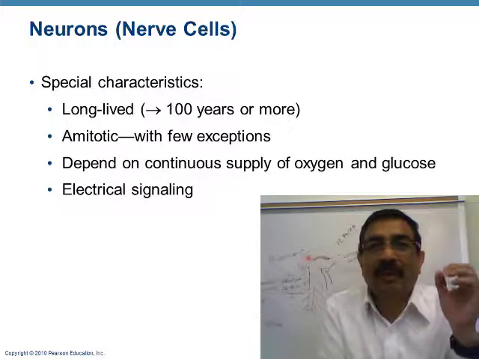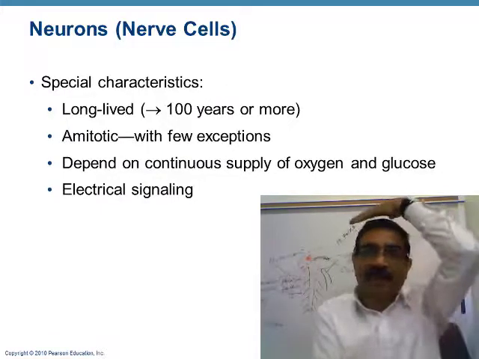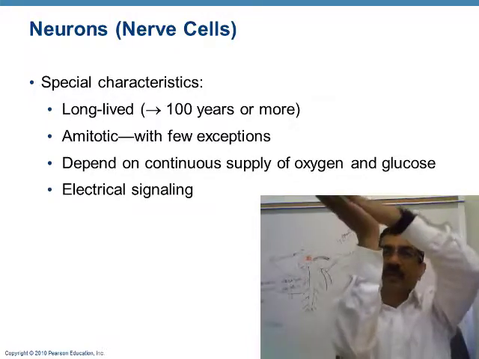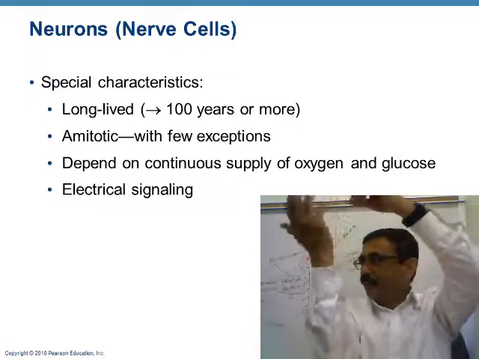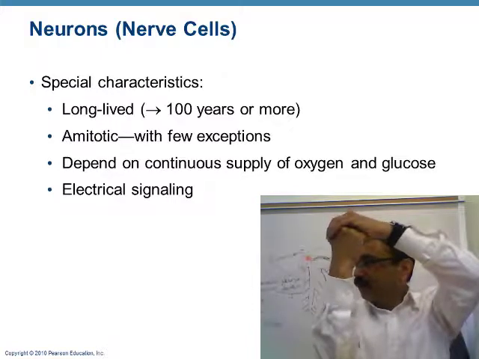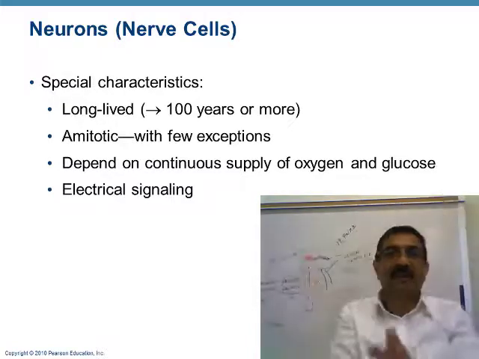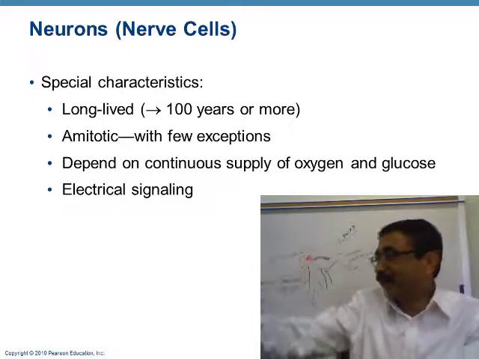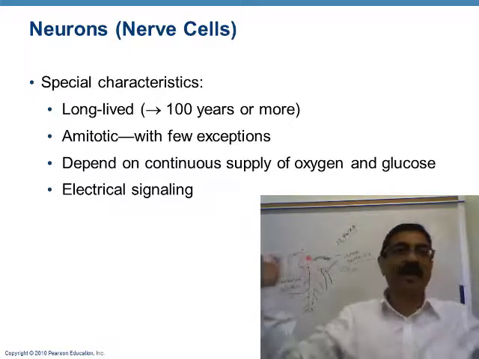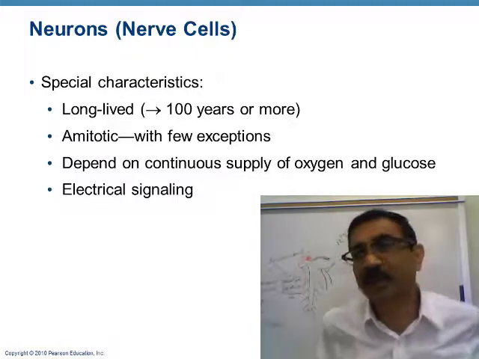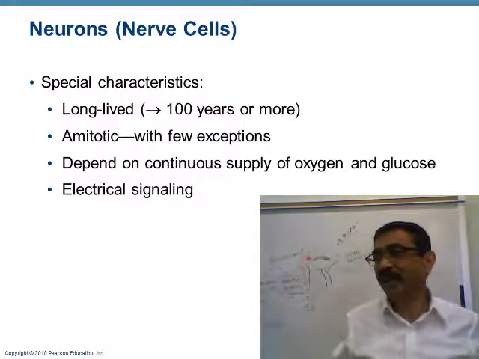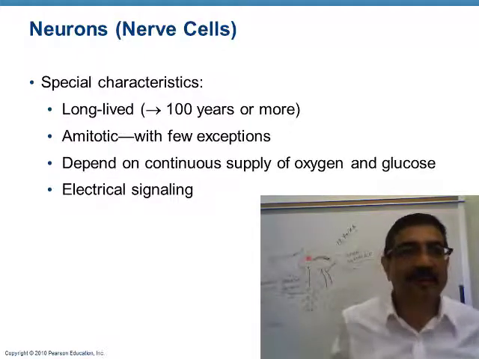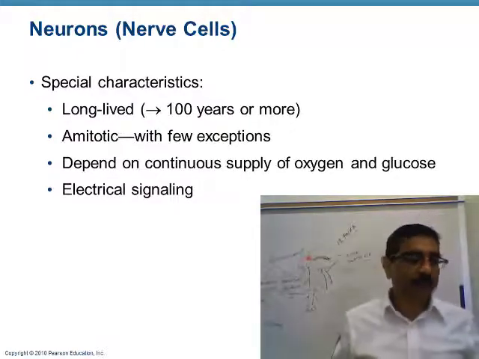You know that if you open the skull and leave the brain tissue exposed to the air, the brain tissue will start to deteriorate. So sensitive, highly sensitive. So if you don't bother them, continuously give them oxygen and nutrition, they will stay alive 100 years or more. If you bother them, they may quickly die, easily die. So highly sensitive neurons, cells.